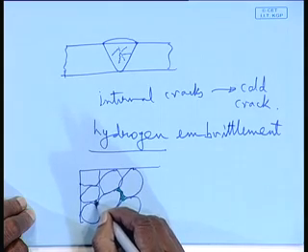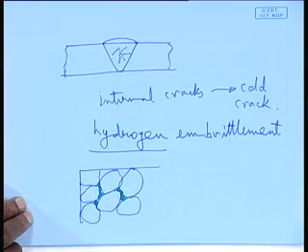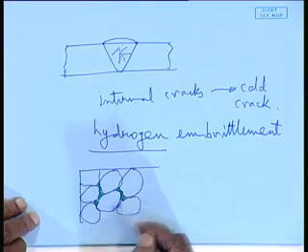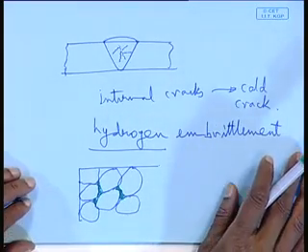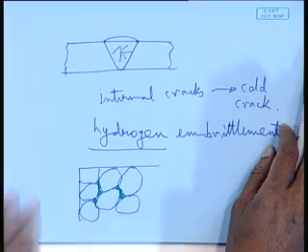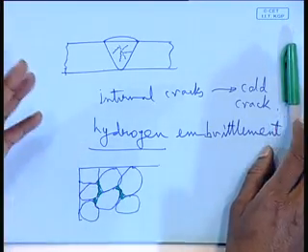These are the voids in between the grains. So, what happens when you are doing welding, if there is hydrogen present in the environment, from where? From the moisture. Moisture in the flux, moisture in the plate, moisture in the electrode wire, or environmental moisture.